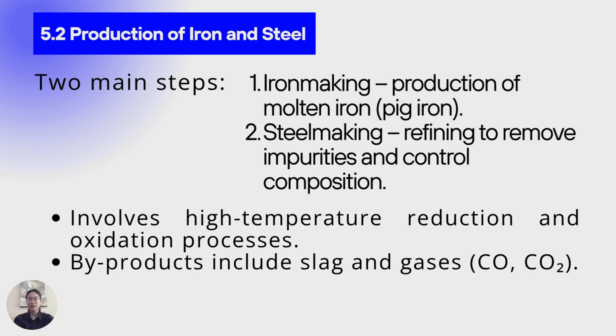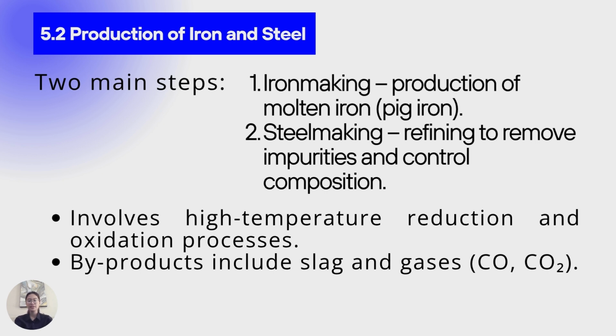Pig iron, while rich in iron, contains excessive amounts of carbon, about 4%, along with impurities such as silicon, sulfur, phosphorus, and manganese. These impurities make pig iron brittle and unsuitable for most engineering applications. Therefore, the steelmaking stage involves controlled oxidation to remove unwanted elements and adjust the carbon content to below 2%, giving us steel with the right balance of strength, ductility, and toughness.